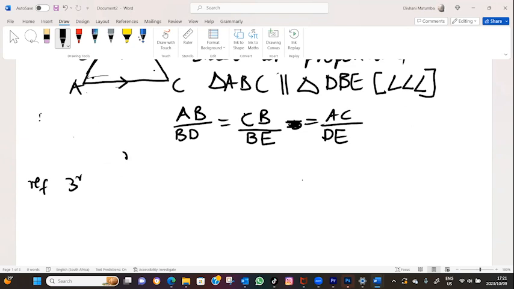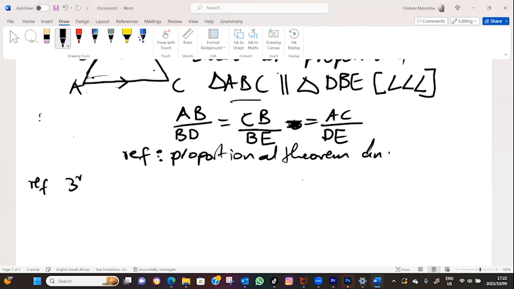Normally, when you give reference to this theorem, you have to say proportional theorem of a triangle.